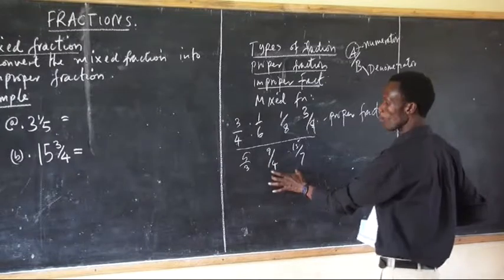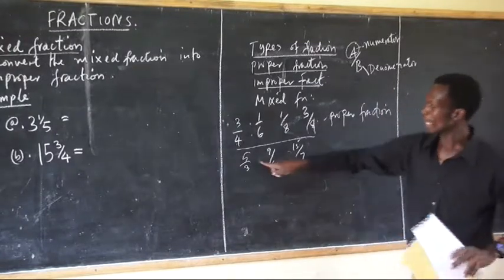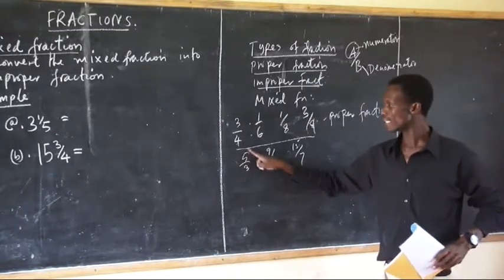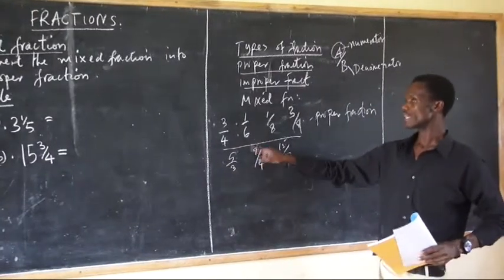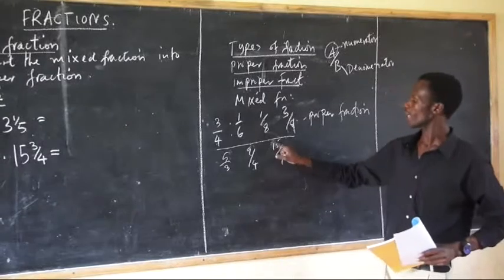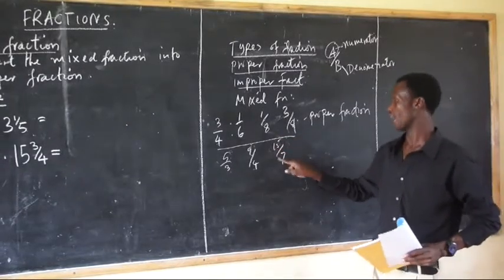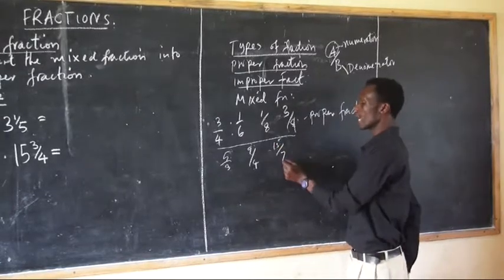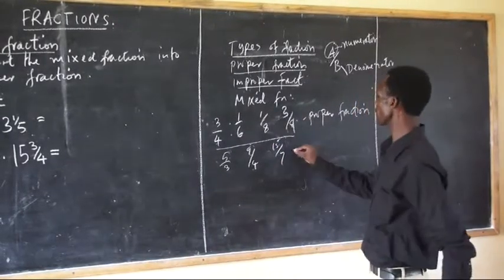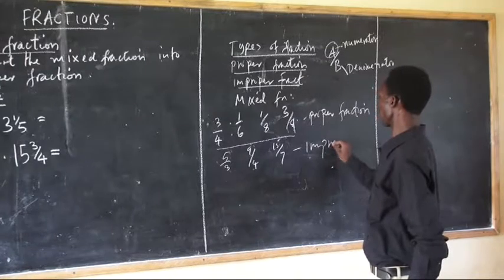Why are they called improper fractions? Because the numerator is larger than the denominator. Here 15 is greater than 7, and this is called an improper fraction.